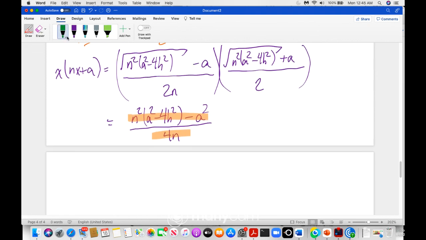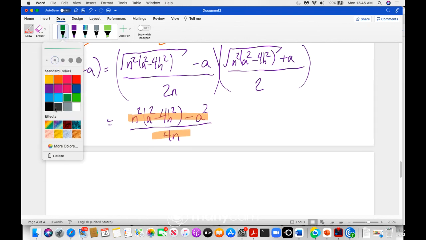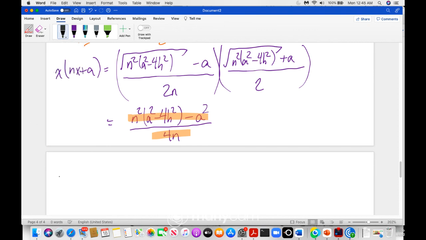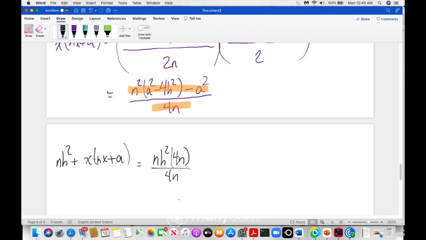So I'm running out of colors, to be honest, but we're going to do this in kind of some gray. So I'm going to take nh squared plus everything we just did. So I'm going to multiply top and bottom by 4n, which I'm allowed to do, and then plus everything that is highlighted in orange.